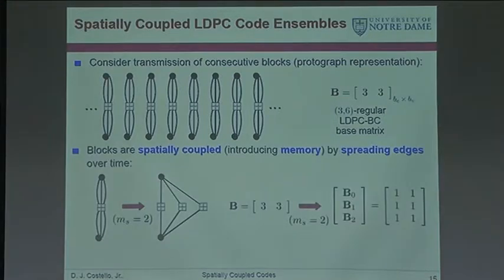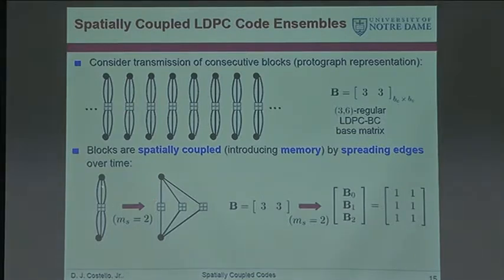Now, what is a so-called spatially coupled code? Well, we introduce memory by spreading edges over time. We would take this first protograph, and instead of having all 3 edges from each variable node connect to this check node, we would take a couple of them and spread them to check nodes at neighboring times.